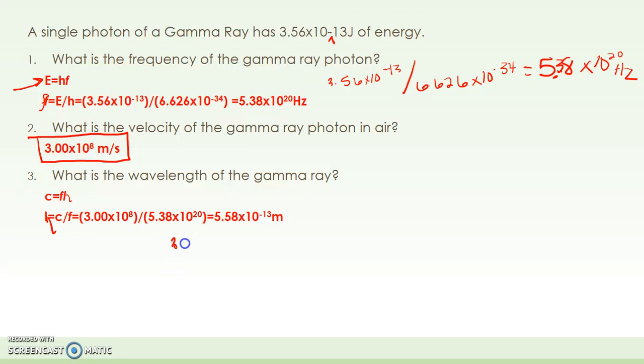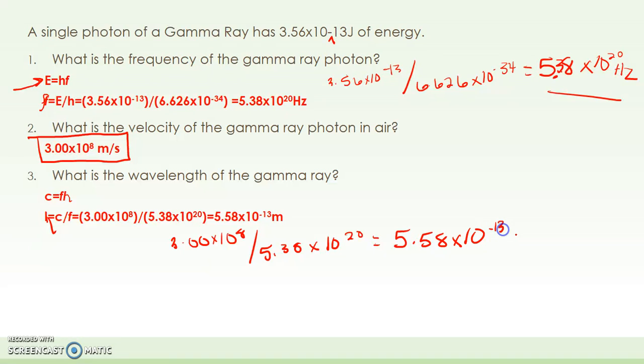So we're going to plug in what we know, which is the speed of light, 3.00 times 10 to the 8th, divided by 5.38 times 10 to the 20th. Again, this number was from the part 1 problem that we got up here. And if we plug that into the calculator, we should get 5.58 times 10 to the negative 13 meters.